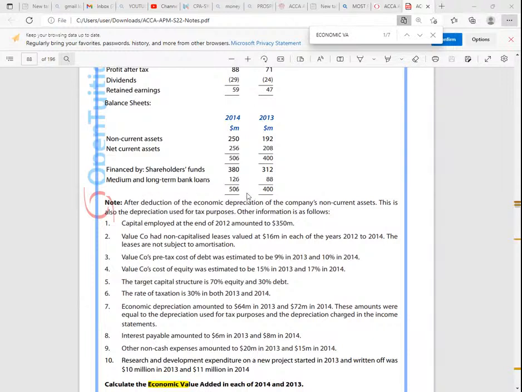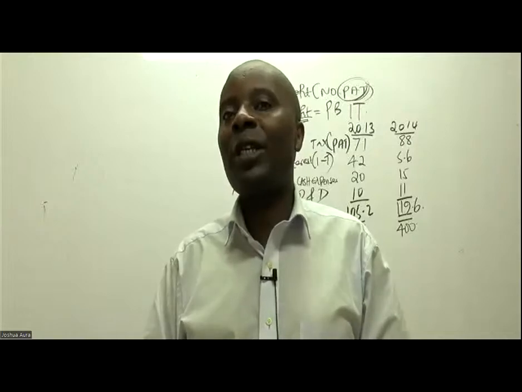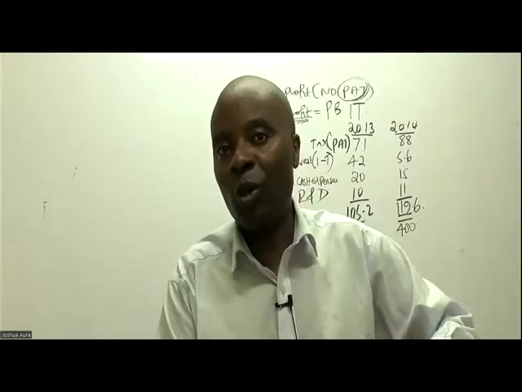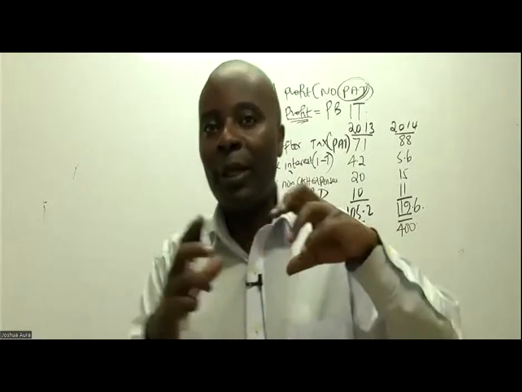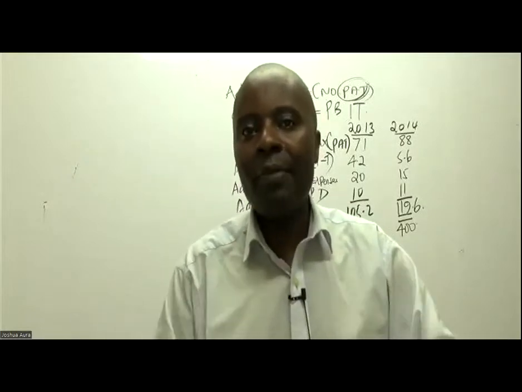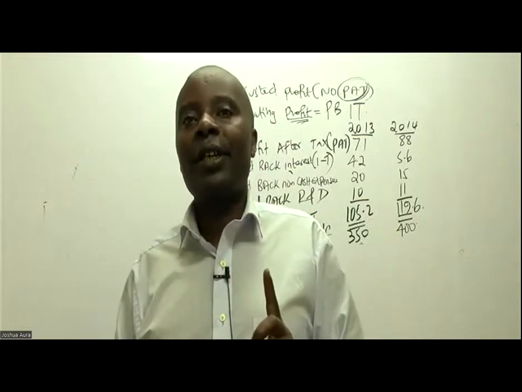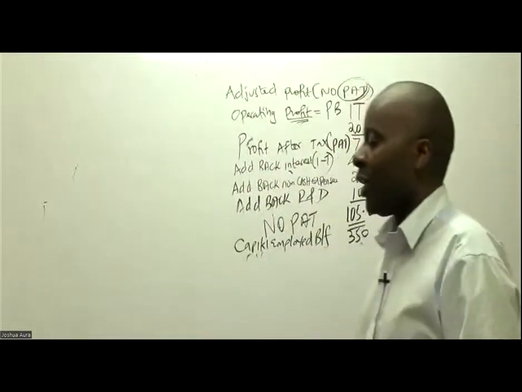And you want capital employed at the beginning of these years. Capital employed at the beginning must be the capital that was employed at the end of the previous year. If it is 2013, capital employed at the end of 2012 was brought forward. Capital employed at the end of 2013 becomes the capital employed at the beginning of 2014. And then from there, come and give us adjustments.